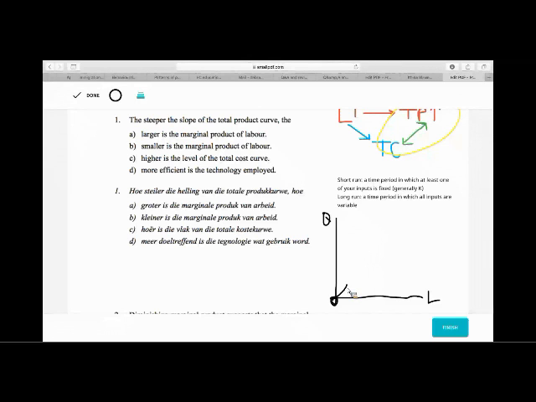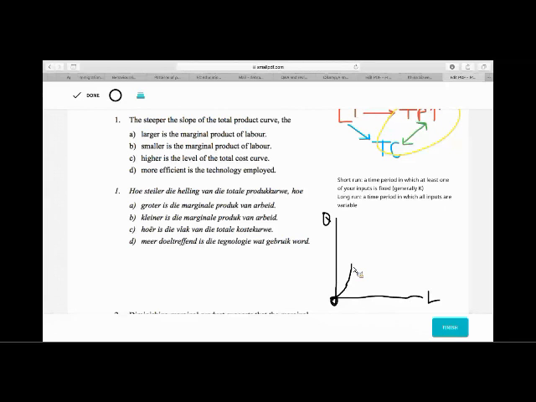So the marginal product of the additional person increases your total product. But what you can see is that your total product is then increasing at an increasing rate. So each additional unit of labor is adding marginally more and more output to your production process.